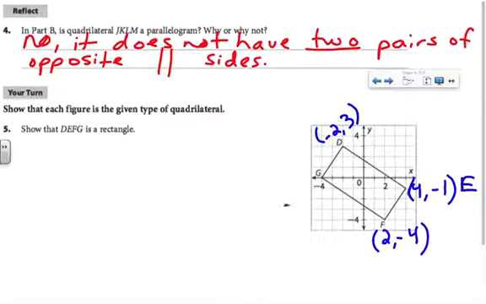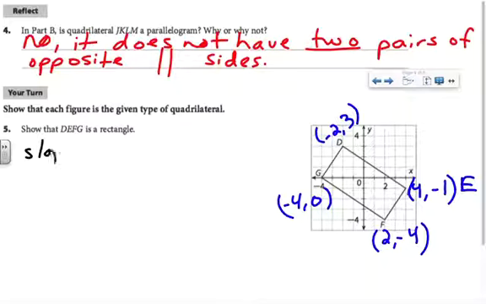And G at (-4, 0). So I'm going to show that this is a rectangle by finding the slopes of all four sides and showing that I have two pairs of parallel sides, and I'm going to be showing that the consecutive sides are perpendicular.